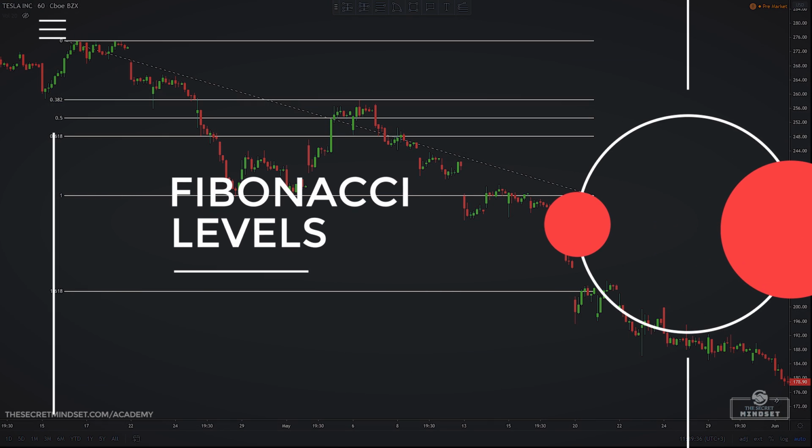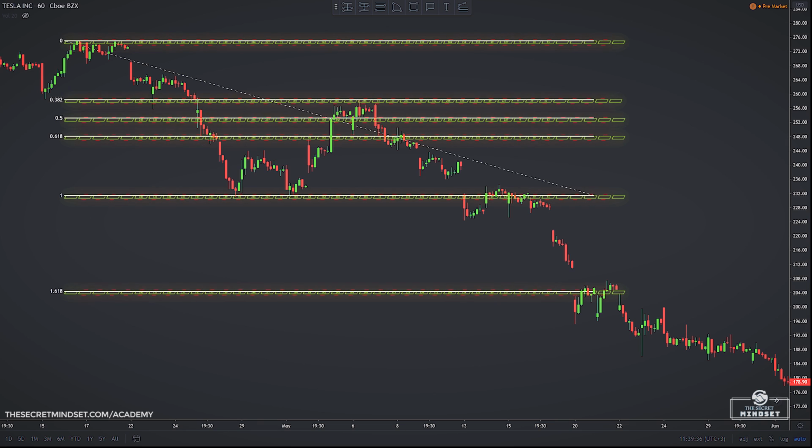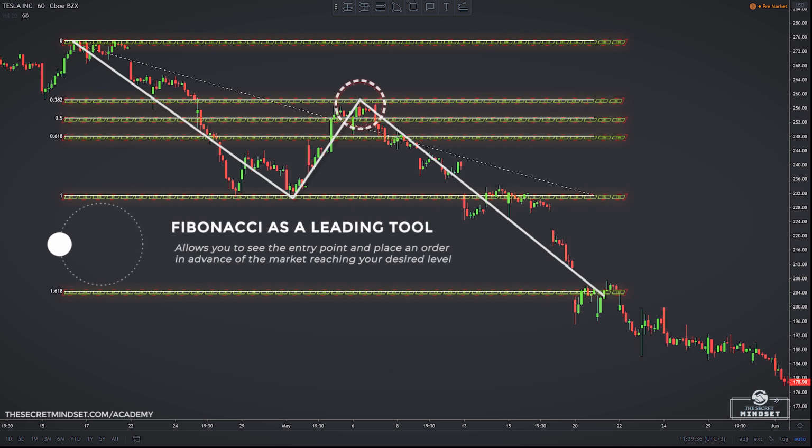Fibonacci retracements and extensions are also leading tools. This means you can decide on the likely direction ahead of it happening, as compared to a lagging indicator, which only predicts movements after it has already started to occur. With Fibonacci as a leading indicator, you will see the entry point and place an order in advance of the market reaching your desired level.